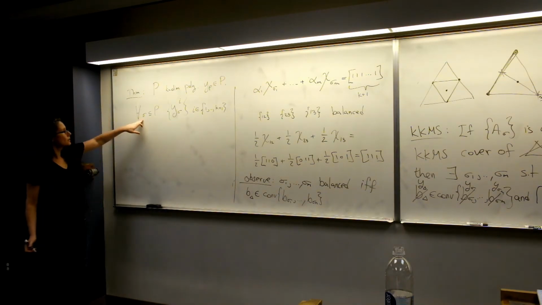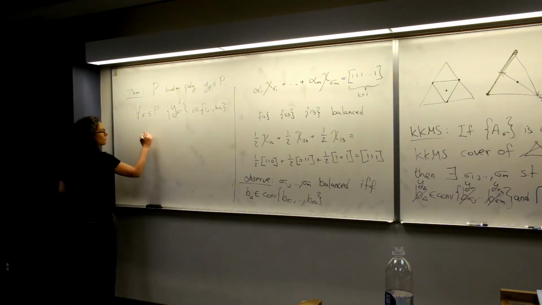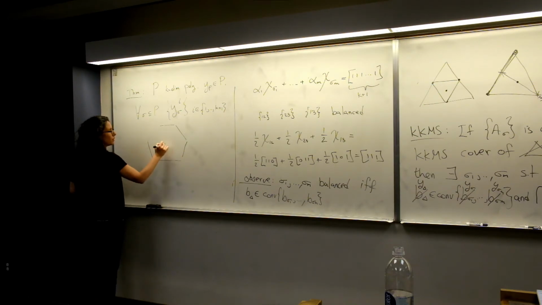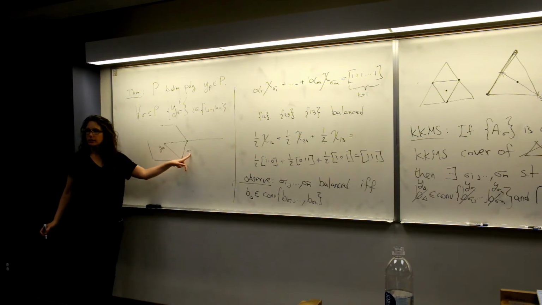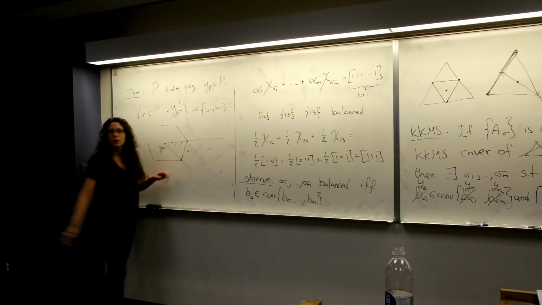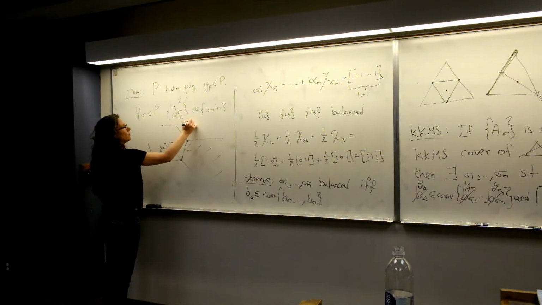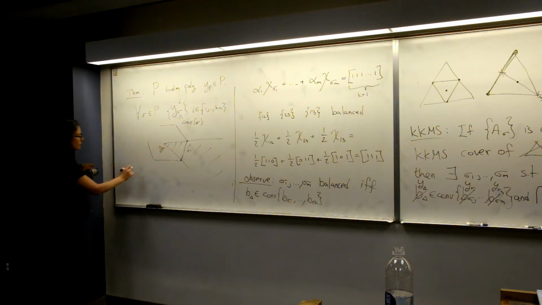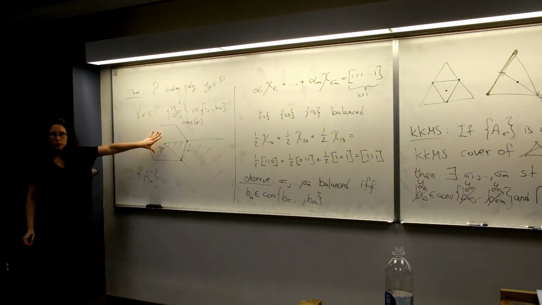So we have for every face a choice of the points y sigma i, where these points are not necessarily even in sigma, but if we have our polytope, and this is y P, and this is sigma, then we just demand that the points that are chosen for the face sigma are somewhere in the cone of sigma. So it doesn't have even to be inside this polytope. It has to be somewhere in this cone. So let us call this cone sigma. And for every face, we have also a closed set, A sigma i. So we have, again, k plus 1 Kamiyama covers of these polytopes.